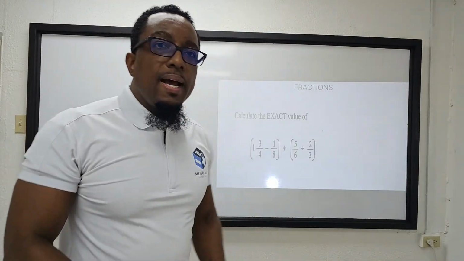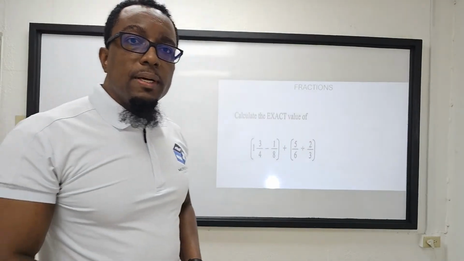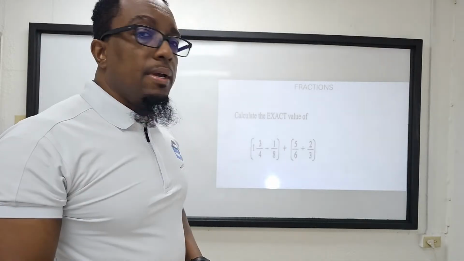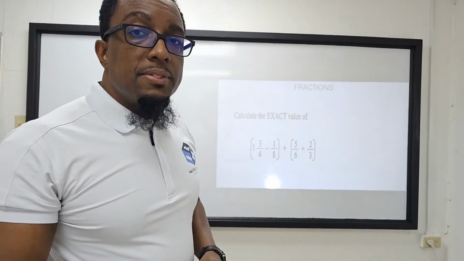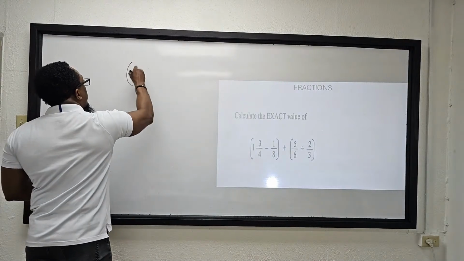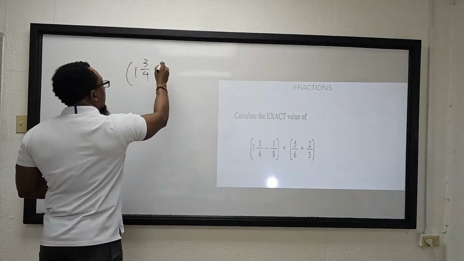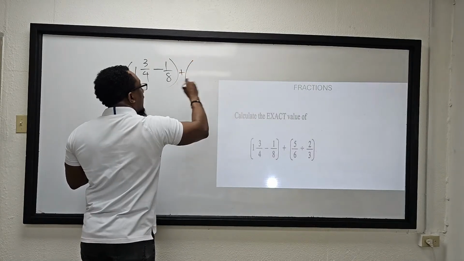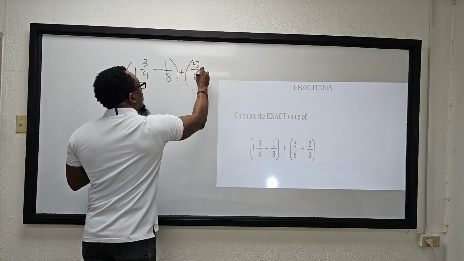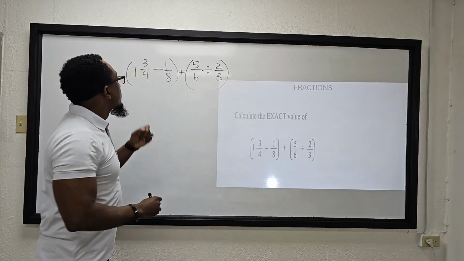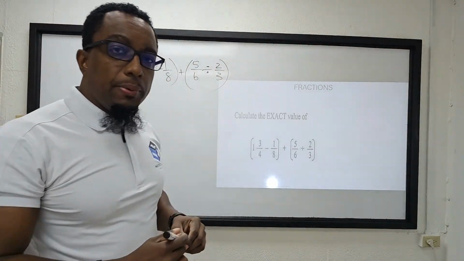If we have 1 3/4 subtract 1/8 plus, and in brackets we have 5/6 divided by 2/3. This will be 1 3/4 subtract 1/8 plus, and in brackets 5 over 6 divided by 2/3. So again, what are we going to do here?